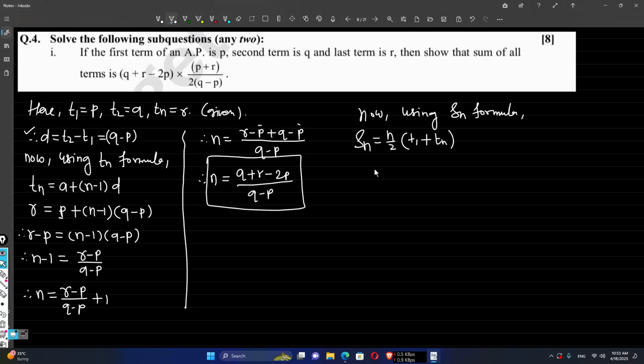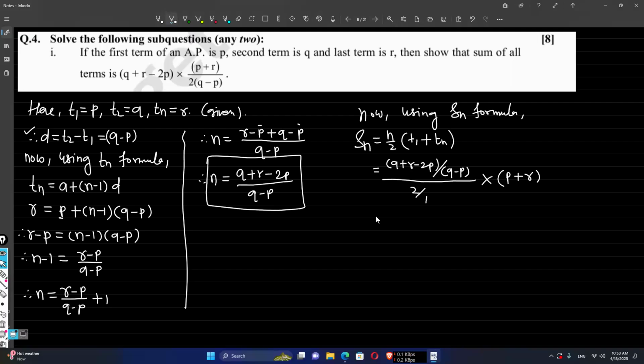So Sn is equal to the value of n, (Q plus R minus 2P) divided by (Q minus P), whole divided by 2, that is 2 upon 1, times the first term T1 is P plus the last term R. The value of Tn is R.